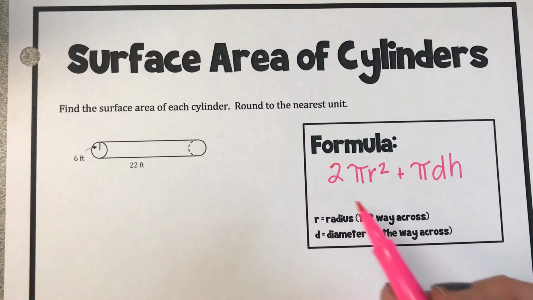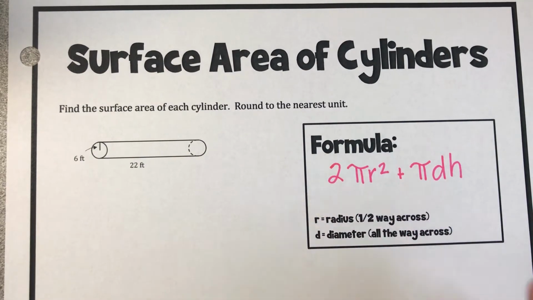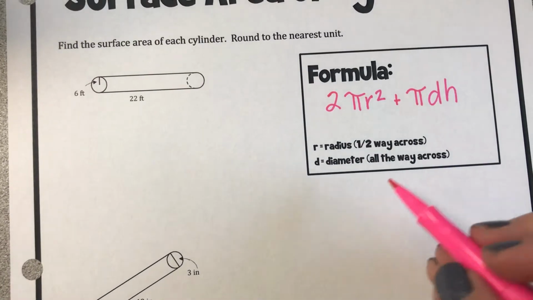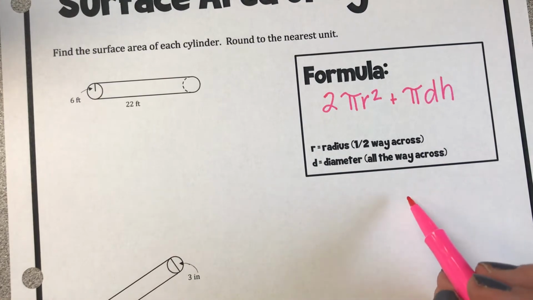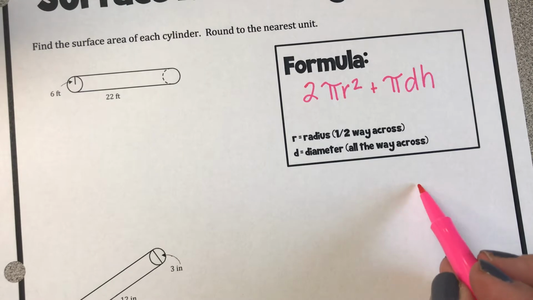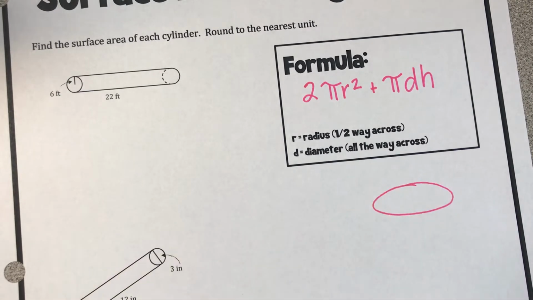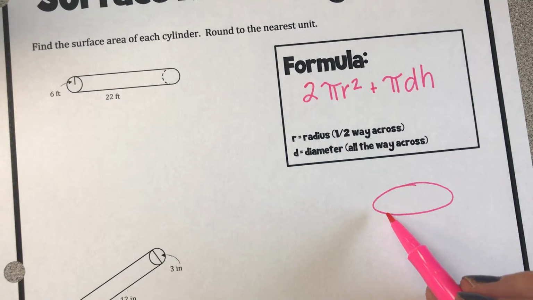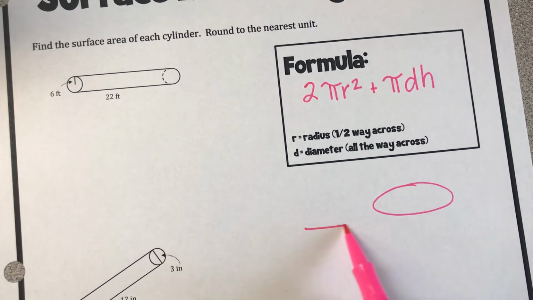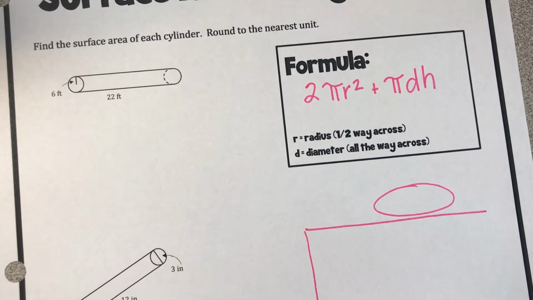Okay, so for a cylinder, let me see if I can draw this for us. Here we go, impromptu drawing. So for a cylinder, we have the top, and then if we were to clip it, let's go like this.